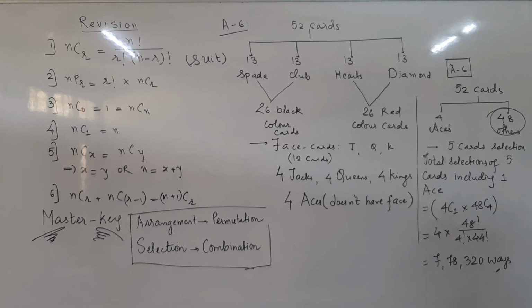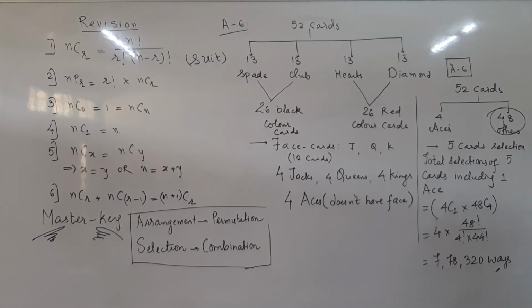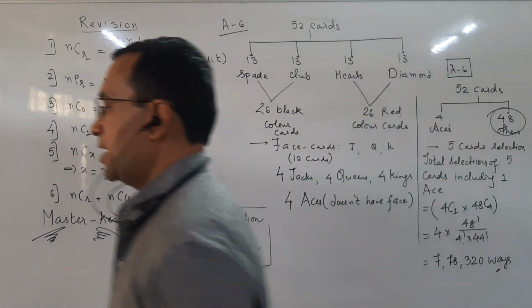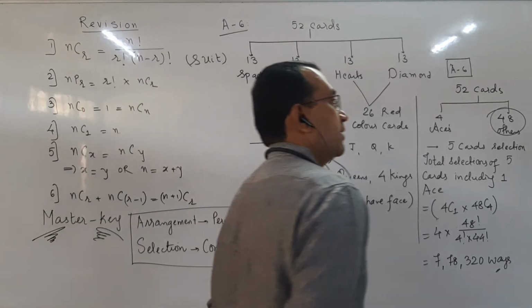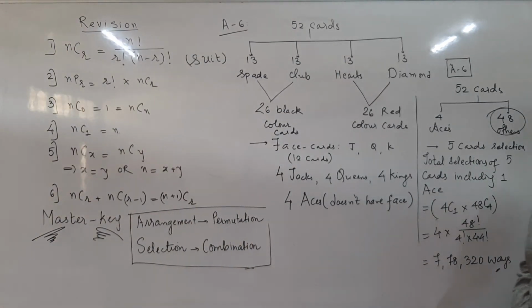The remaining questions we will complete in the next lecture to complete the chapter. Miscellaneous exercise 7 has been removed from our syllabus. So we don't have to do miscellaneous exercise 7.